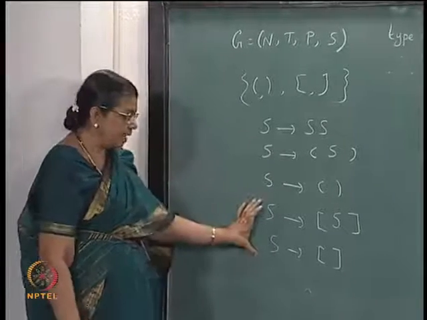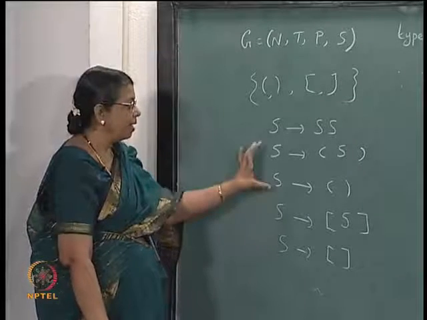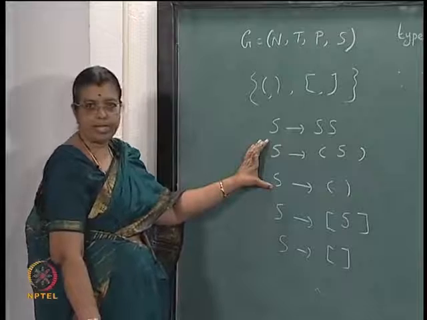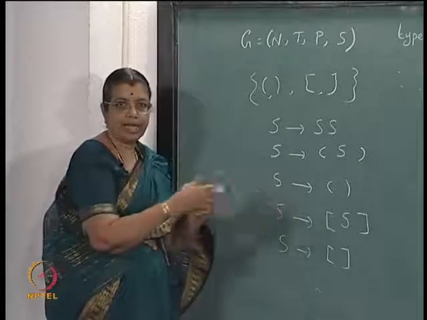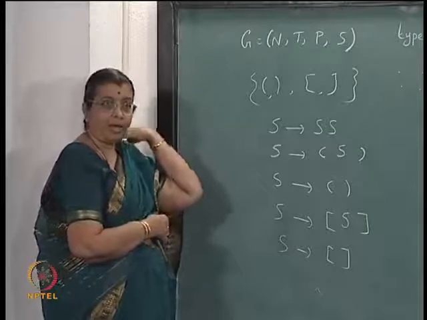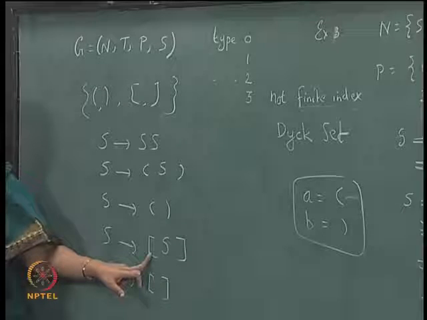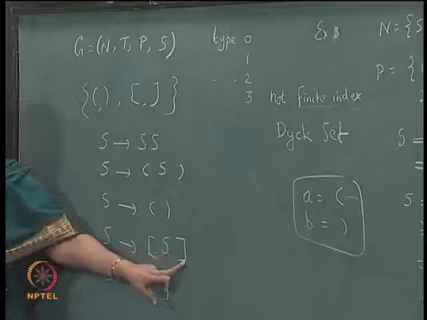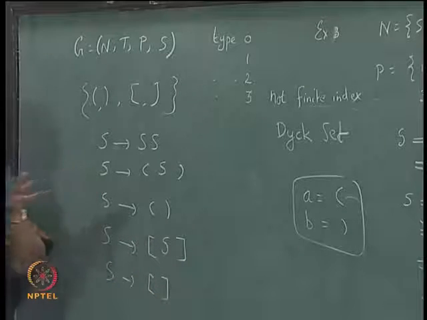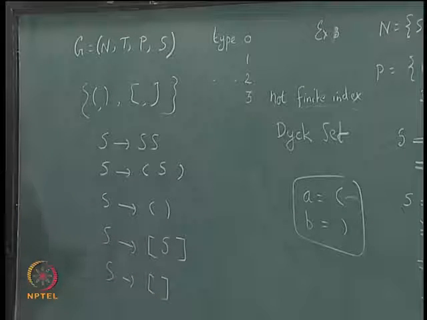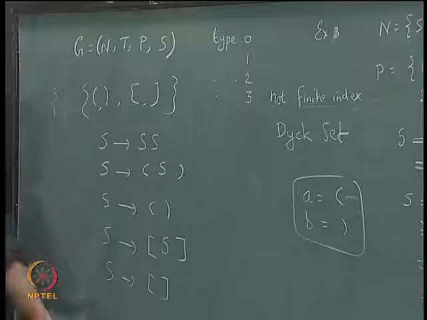So with this you can generate square brackets, and here ordinary parentheses you can generate, and with the S you can generate S goes to SS and have any sort of combination. But whenever a left square bracket is generated, a right bracket will be generated, a matching one will be generated. So it will always generate only well formed strings of parentheses. If you want to have another one also, you must have two more rules.